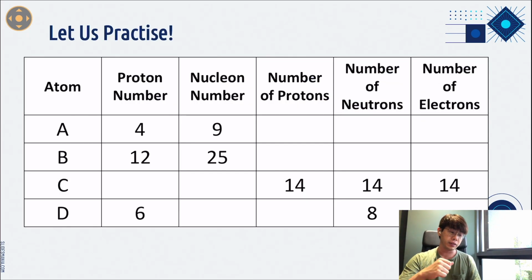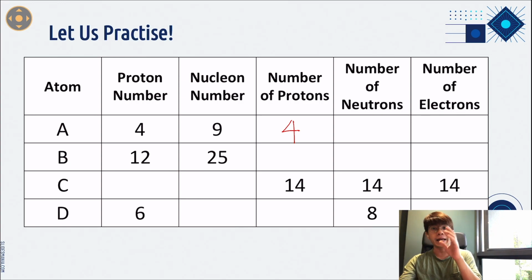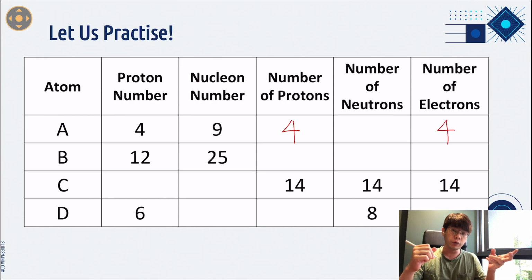Let's look at atom A. Atom A has a proton number of 4 and a nucleon number of 9. Straight away, I know that the proton number is 4, so there must be 4 protons. Because protons and electrons in an atom are always the same, the number of electrons is 4. The number of nucleons, the number of protons and neutrons, is 9.